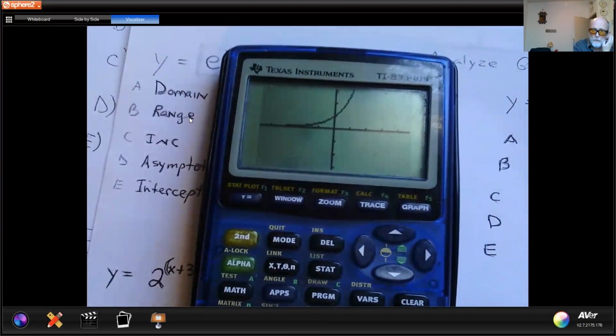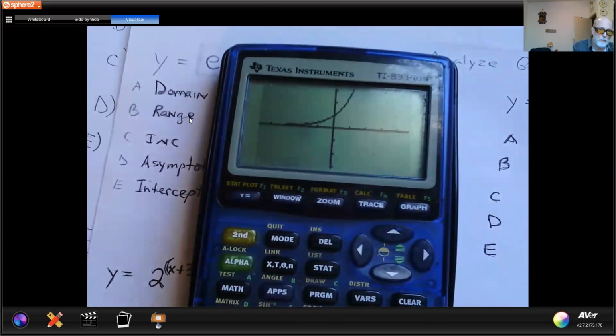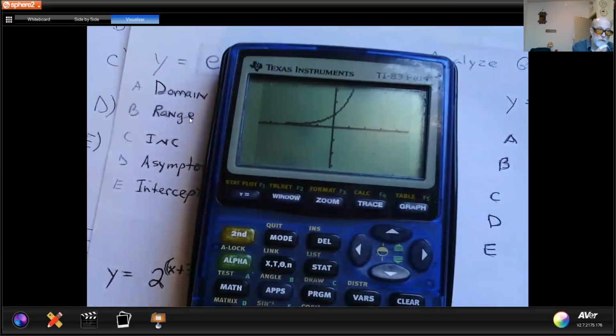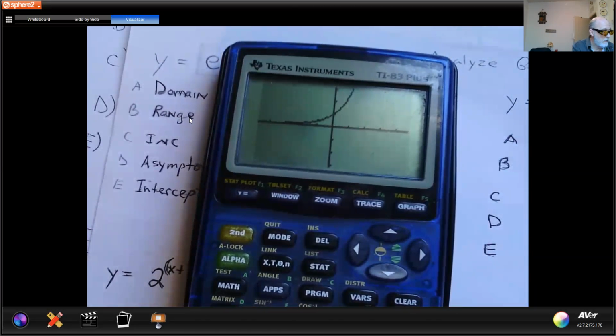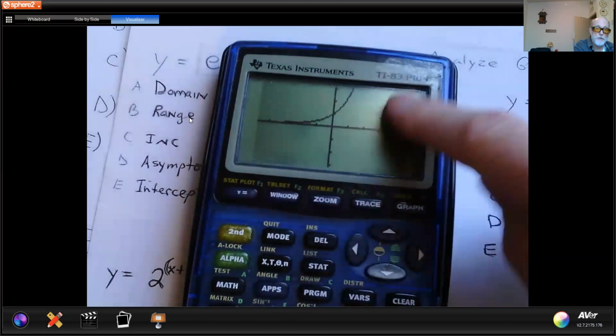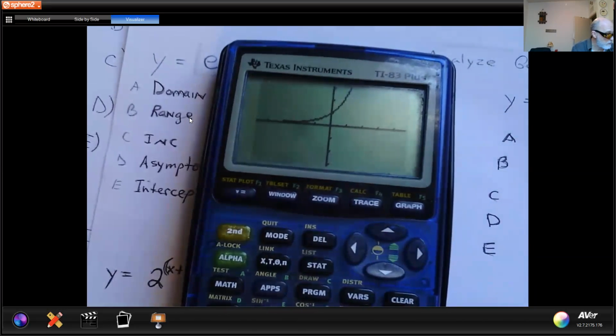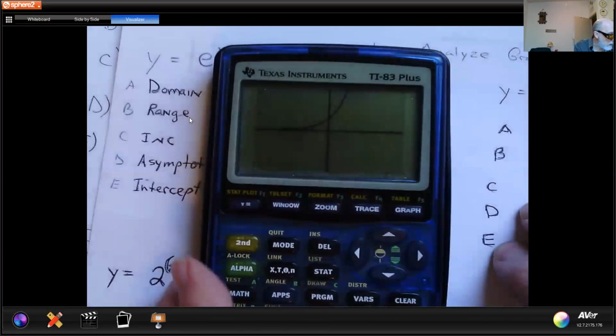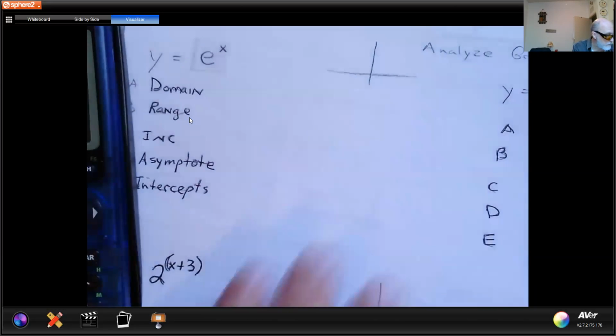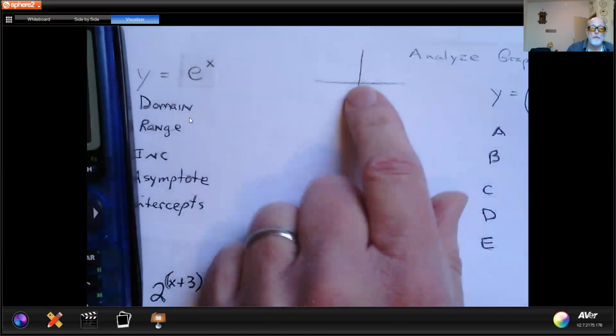In fact, every normal graph where the base is bigger than 1, remember e is a decimal number bigger than 1, then it goes up like this. This is called exponential growth. So that's what you're going to draw right here. Let's draw it.